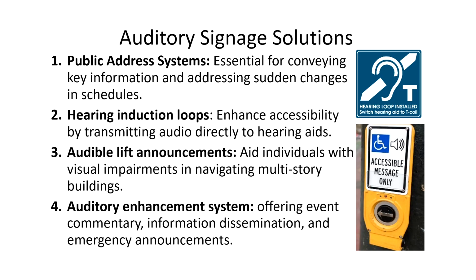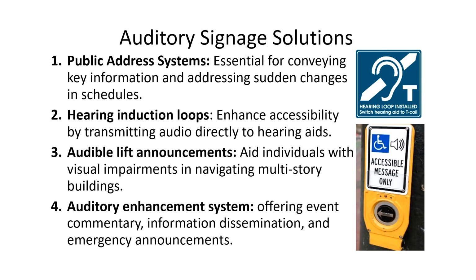These announcements provide essential information about floor levels, emergency procedures, and other pertinent details. By incorporating auditory signage solutions like PA systems, hearing induction loop facilities, and audible announcements in lifts, we can significantly enhance the accessibility for individuals with diverse needs in public spaces.